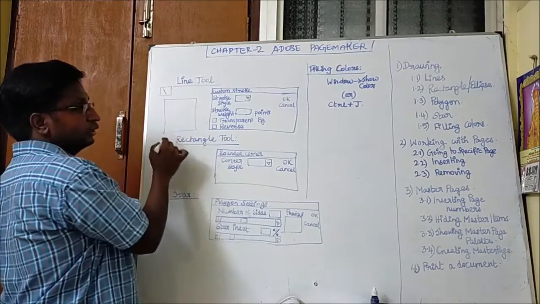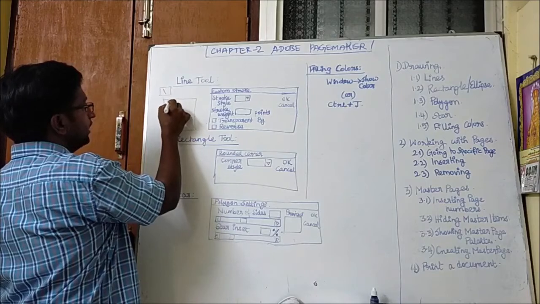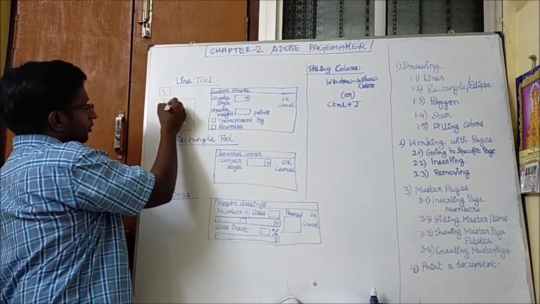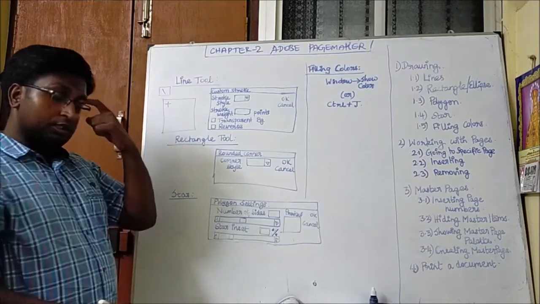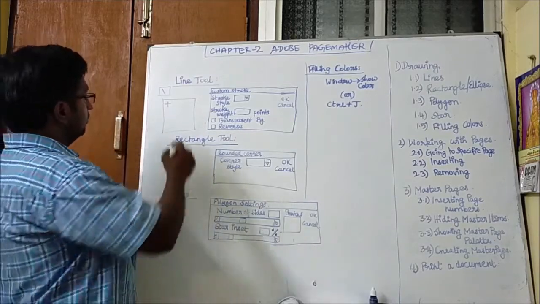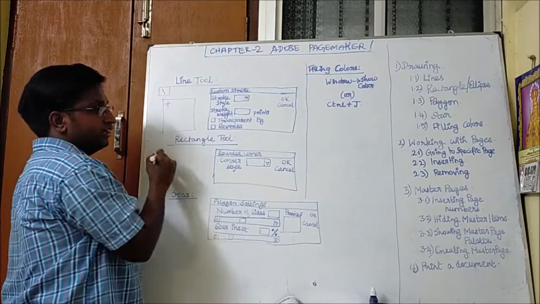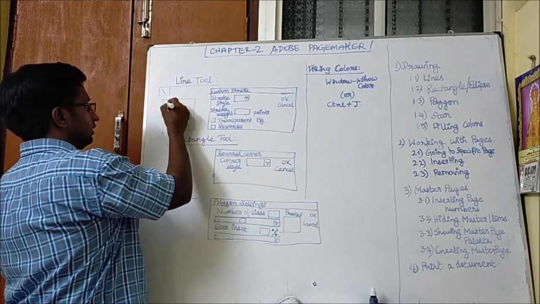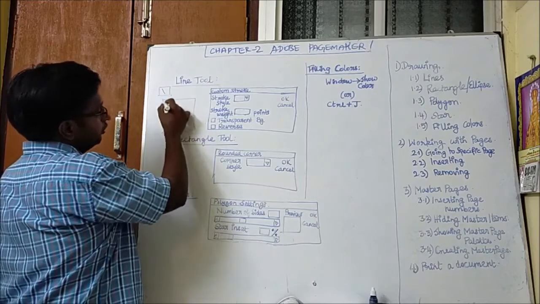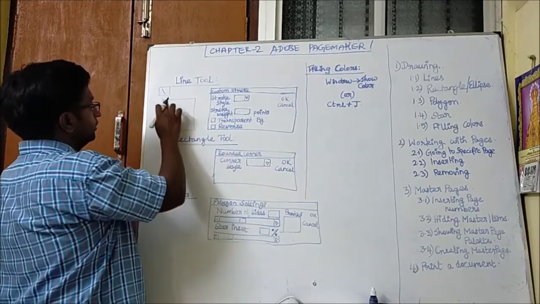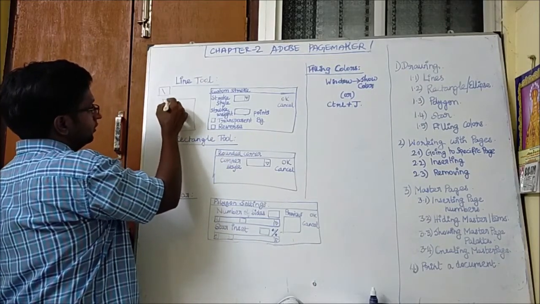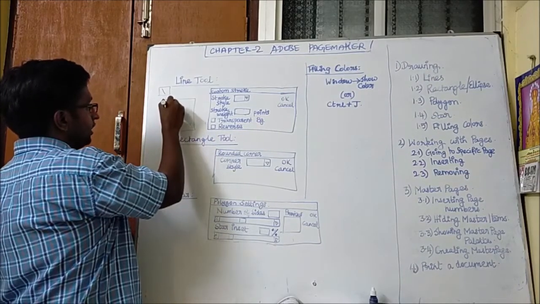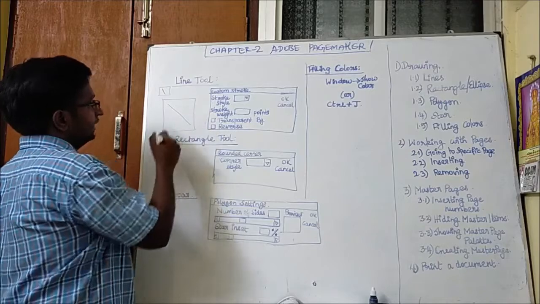After selecting the tool, the cursor will become a crosshair, a small plus symbol. We click on the page where we want to start the line, and click and drag in whichever direction we need. I am clicking here till here. So the line comes like this.